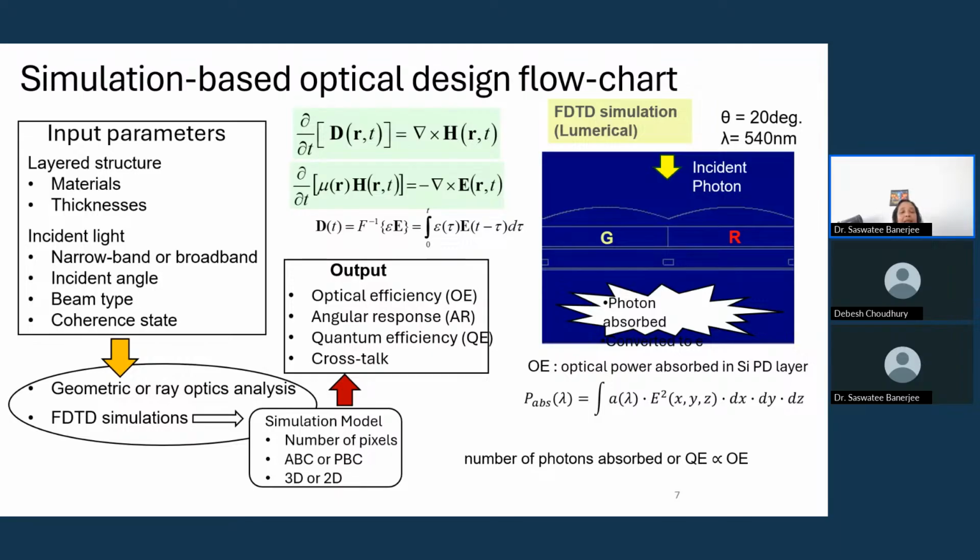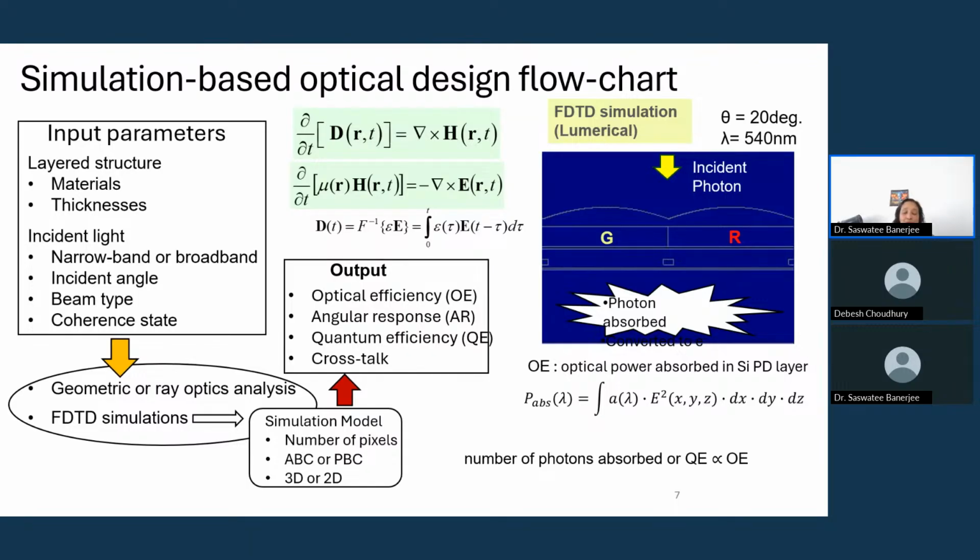And then the incident angle, because all the responses will depend on the incident angle, the beam type, what kind of beam you're going to use, and also the coherent state matters, because in real life you have more incoherent light coming in. So you need to do a sum over different angles, different coherence, different polarization states, etc.